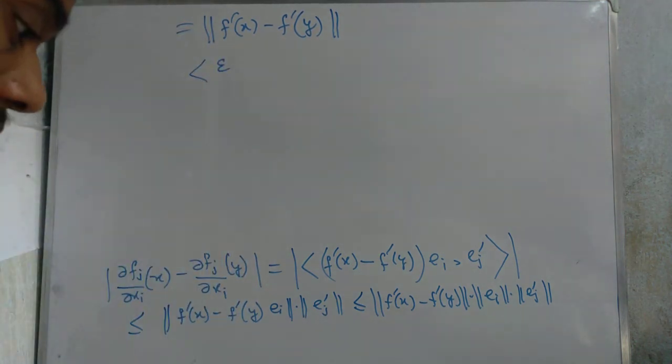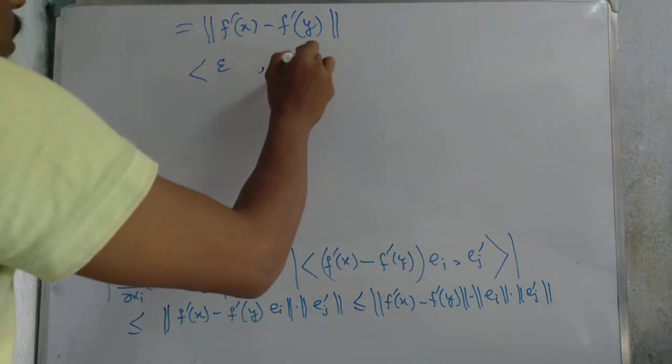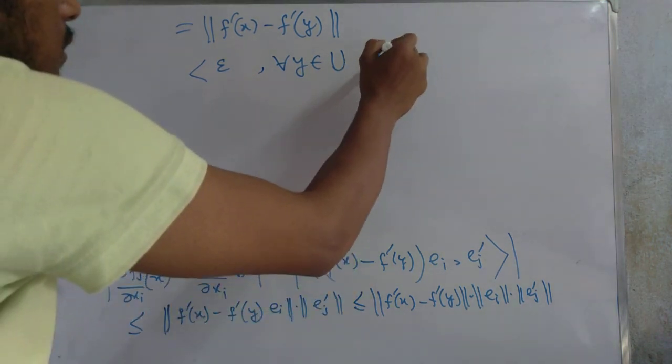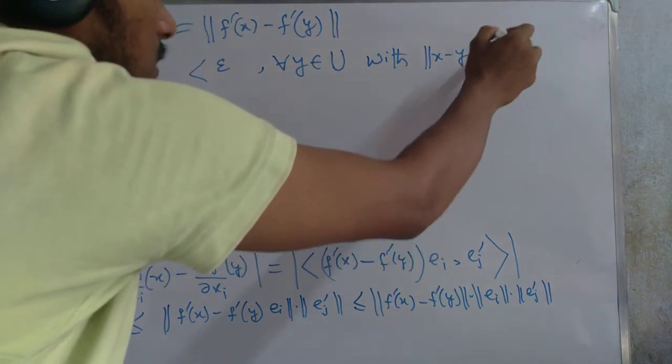This is less than the norm of f'(x) minus f'(y), which is less than epsilon, for all y belonging to U with norm of x minus y less than delta.